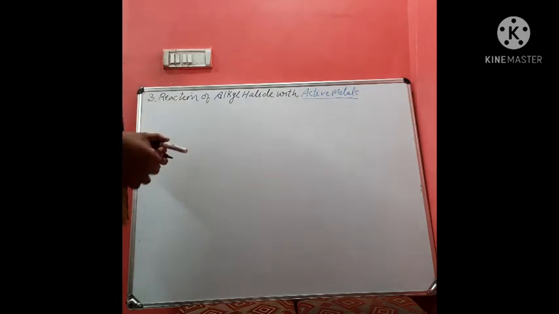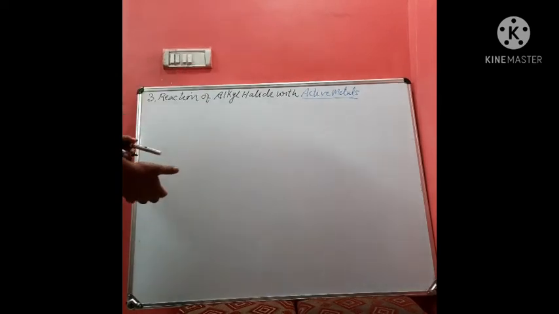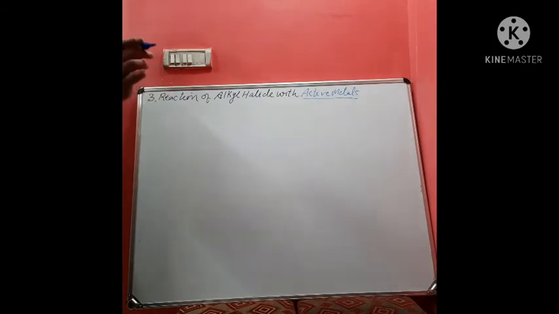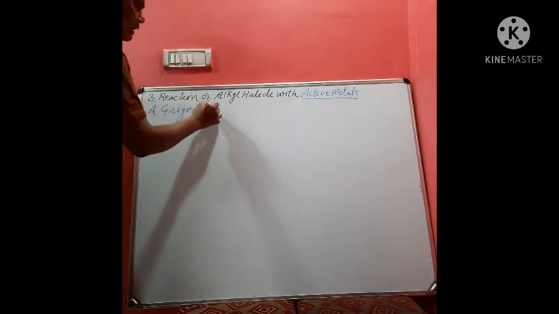They are called active metals, like sodium, magnesium, or potassium. So the reaction of alkyl halide with metal. Here we can see one very important reaction through which we can form Grignard reagent.